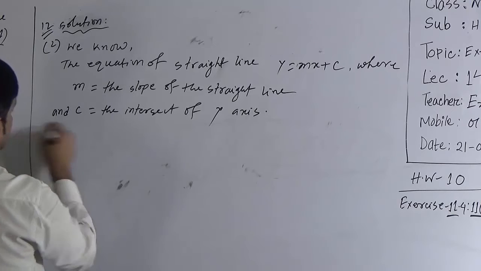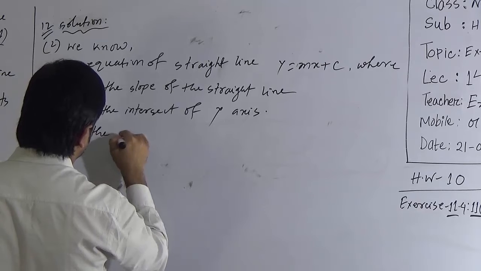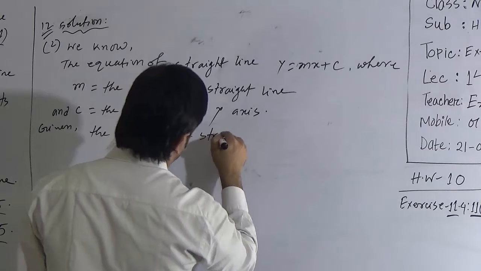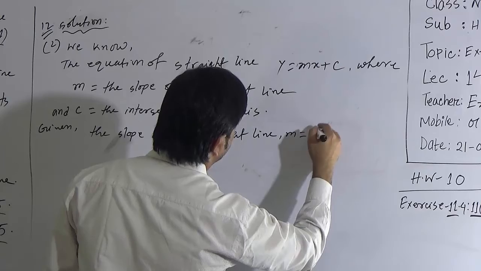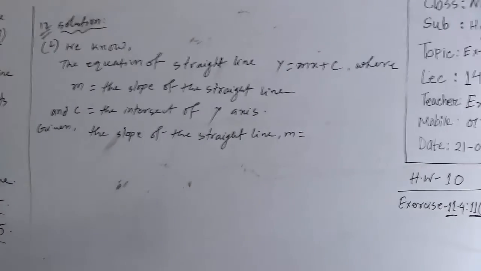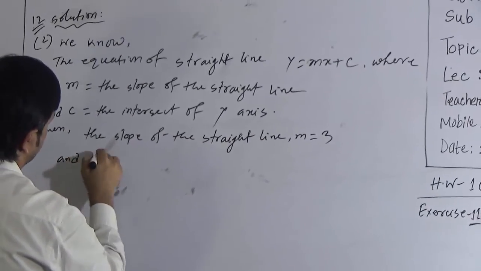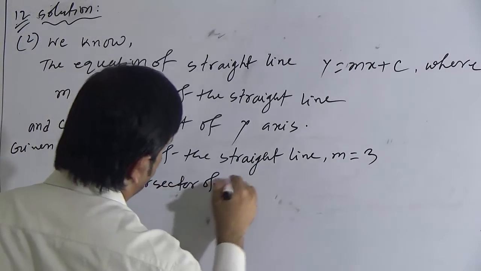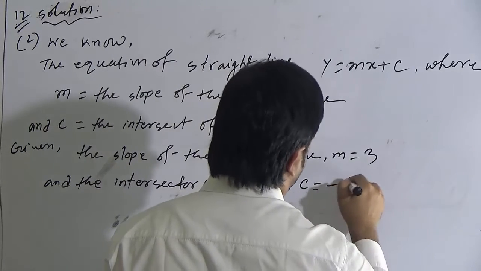So we can write here, given the slope of the straight line, m equal to 3, and the intercept of y-axis, c equal to minus 5.